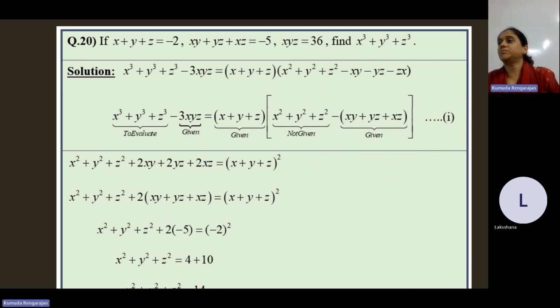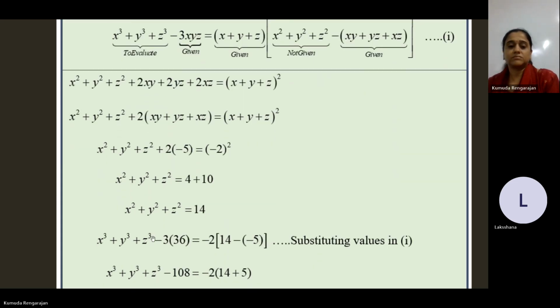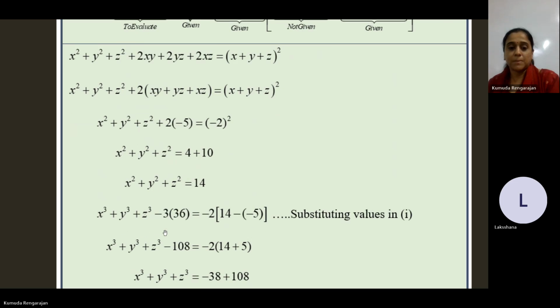Minus ab, minus bc, minus ca. You started with xyz and then you are using abc. You're still to memorize the identities, is it? Next class when you come, please make sure you have memorized all the identities.